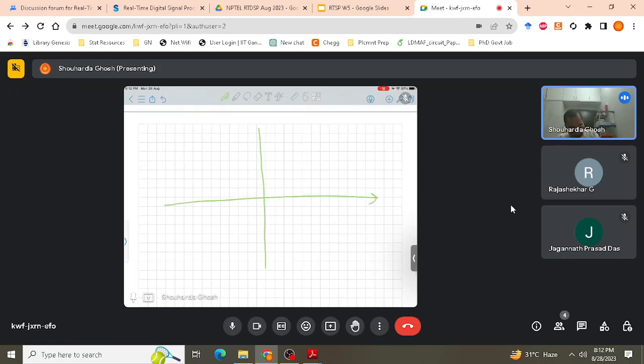So as you can see, let's suppose I take 8 points on the unit circle. So what are the points that we have actually?